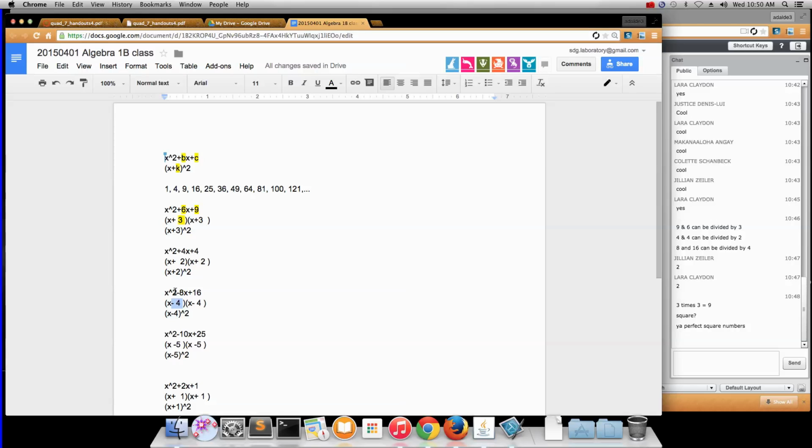All right, so I'll tell you what. Here's what I'm going to do. How's about this? X squared plus blank x plus blank. And then it factors out to x plus, x, I don't know, minus 6 squared. What are the 2 blanks that I need?